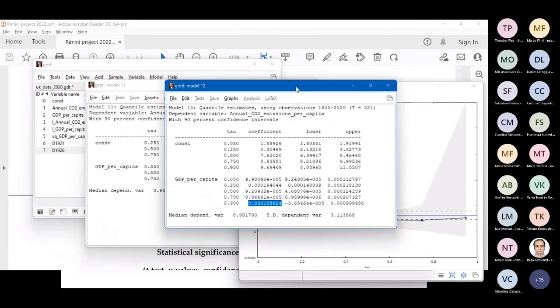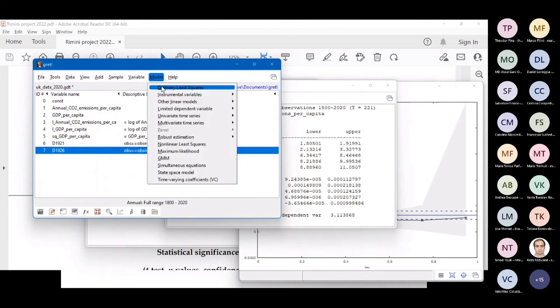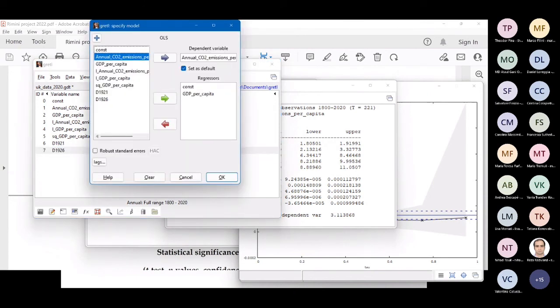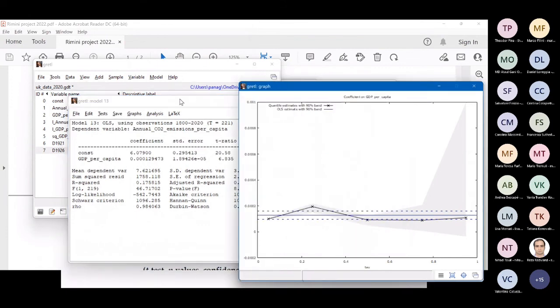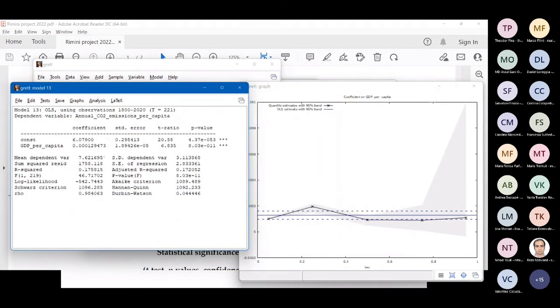The blue line is the simple regression we have run earlier. So the blue line is this value here.